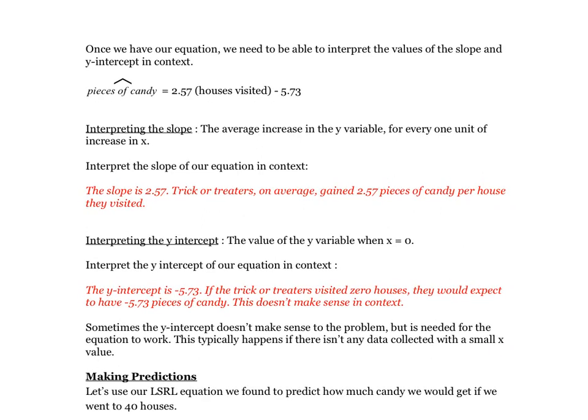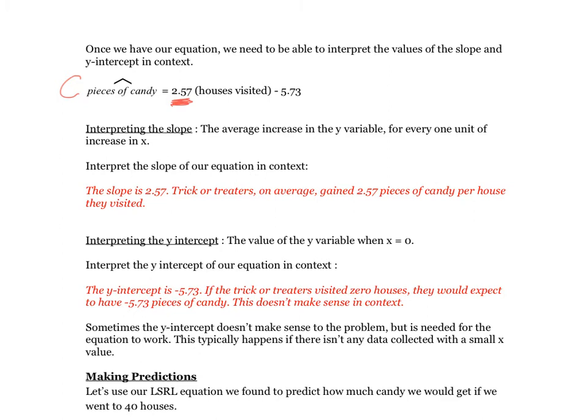Now, once we have our equation, we need to be able to interpret the values of the slope and the y-intercept in context. So I have the equation repeated here. Remember, the slope is the number next to the x variable. So interpreting the slope: the average increase in the y variable for every 1 unit of increase in x. If I was going to interpret the slope of our equation in the context of the Halloween kids, we'd say the slope is 2.57.